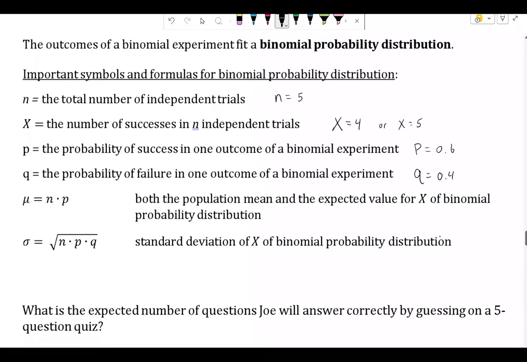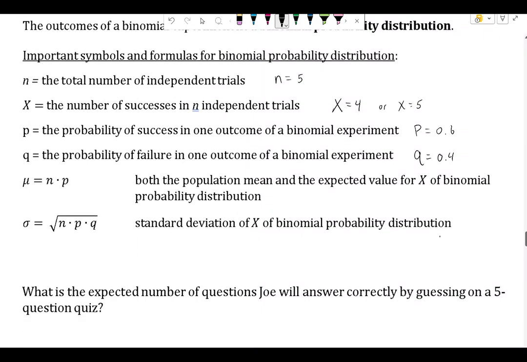Next, we can find the mean and standard deviation. Recall that the mean is basically the same thing as finding the expected value for a probability distribution or a probability experiment. So we can answer the question, what is the expected number of questions Joe will answer correctly by guessing on a 5-question quiz?